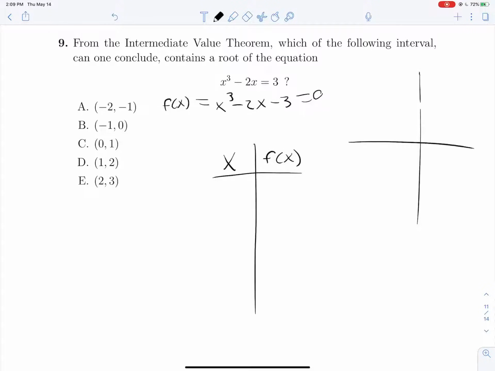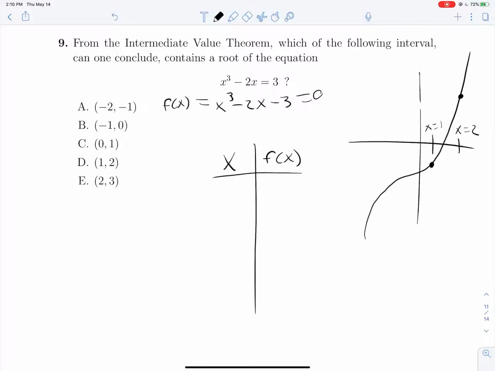Because really what we're dealing with here, if we graph this thing out, and this is not an accurate graph, actually I think I can draw a better one. There we go. If we're finding a root for this, what we're really looking for is, okay, if this is x equal to 1 and this is x equal to 2, if it crosses y equal to 0 in between there, what we'll see is a negative y for the beginning of our interval and a positive y for the end of our interval.